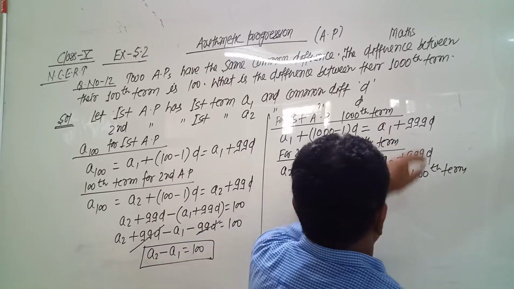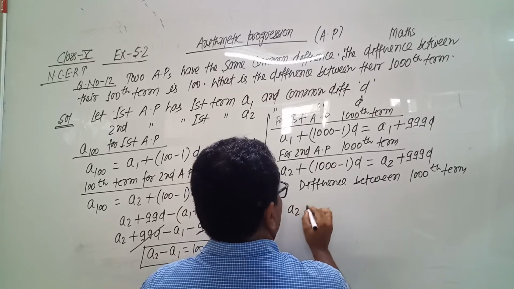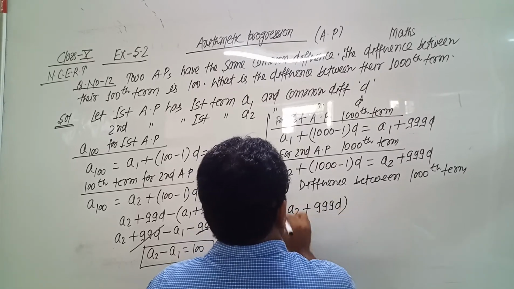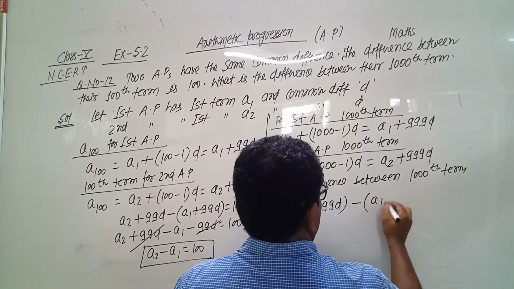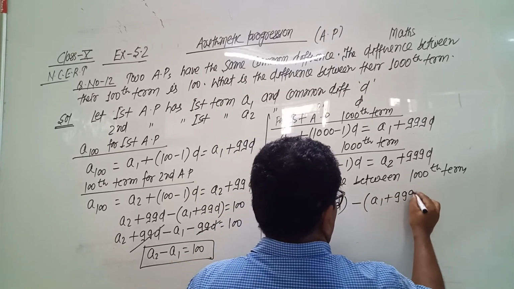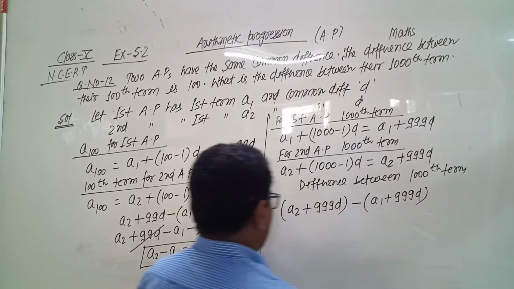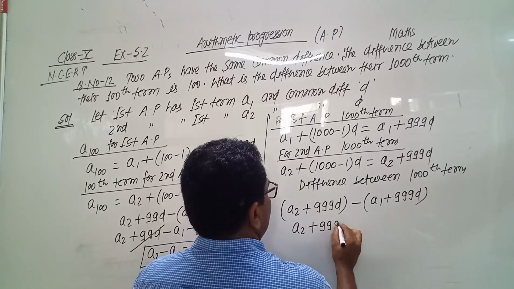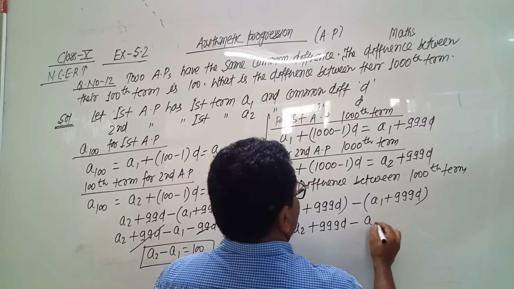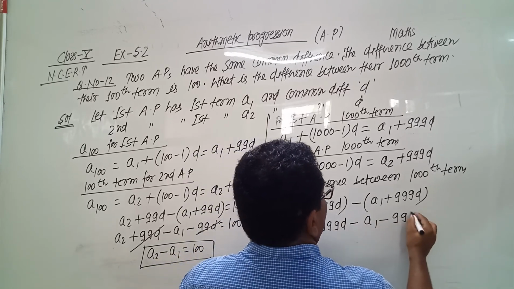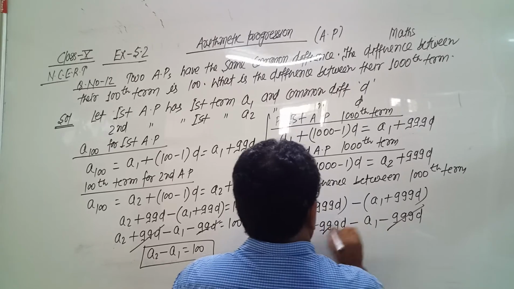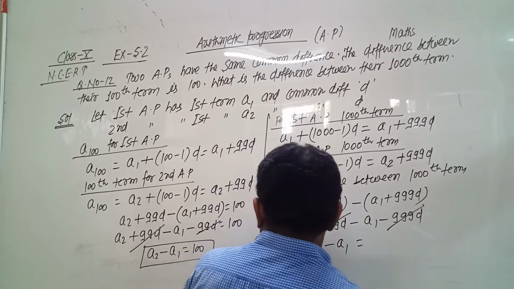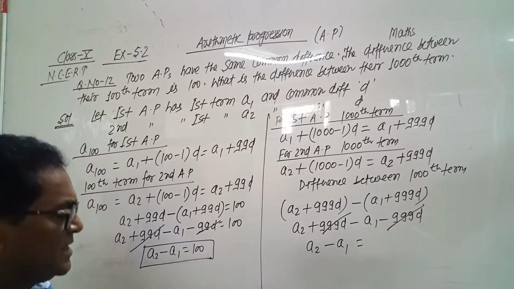So this minus this: A2 plus 999D minus (A1 plus 999D). Remove the bracket. So A2 plus 999D minus A1 minus 999D, and we get A2 minus A1. And the value of A2 minus A1 is 100.